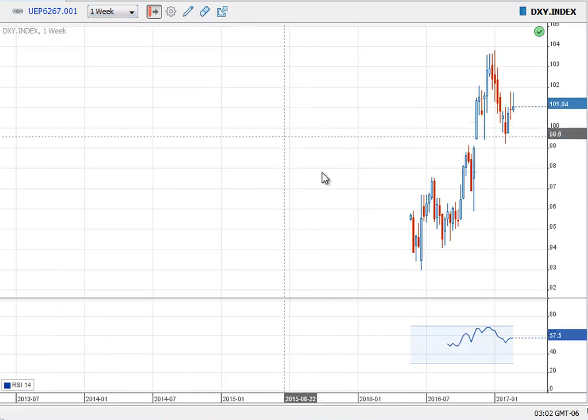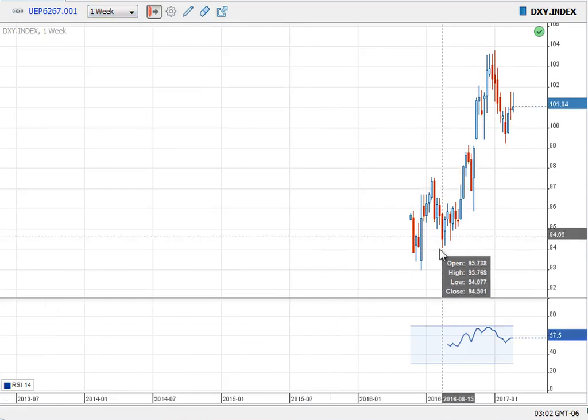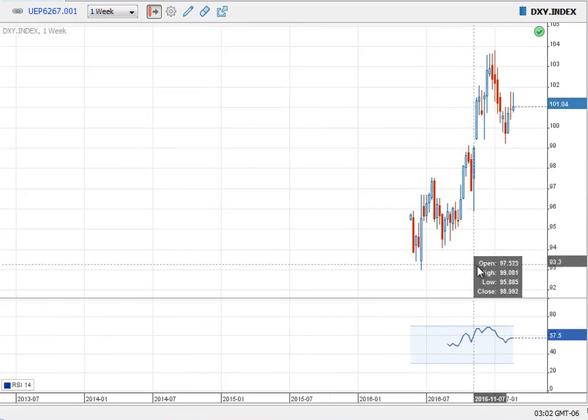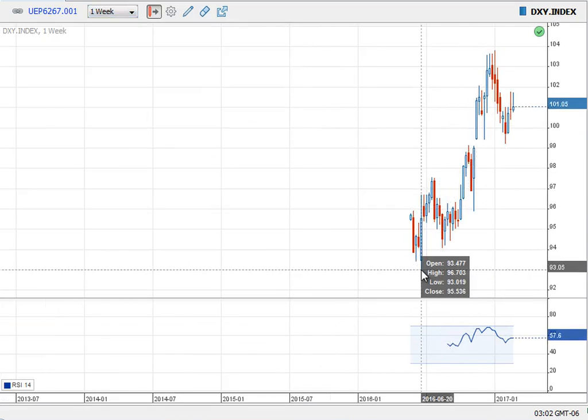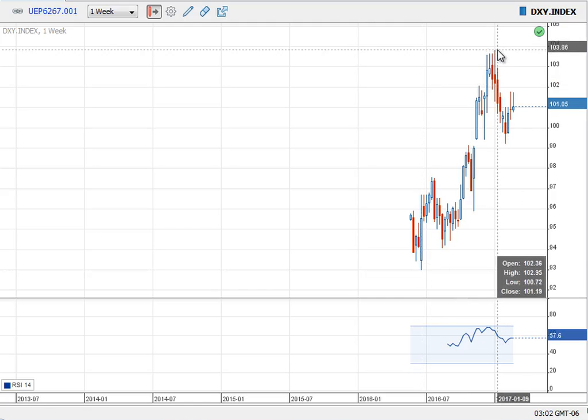If we look at the weekly chart, you can see that we have moved from 93 in June 2016 to 103.9 earlier this year in January.